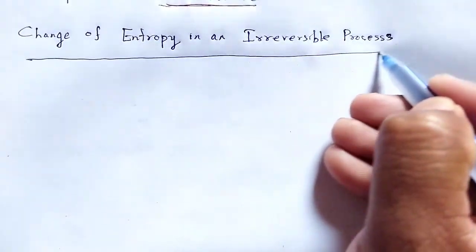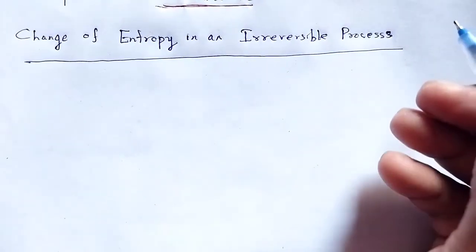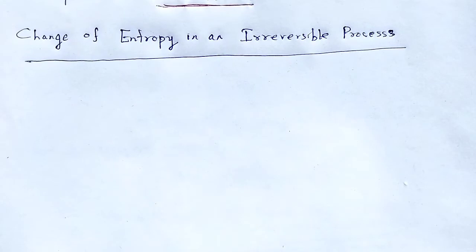This can be proved or derived by using Carnot's theorem. In Carnot's theorem, we know the efficiency of a reversible heat engine is more in comparison to that of an irreversible heat engine.